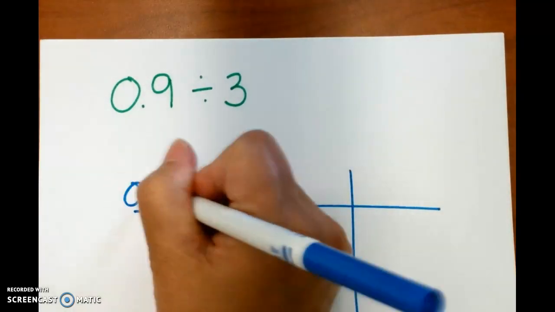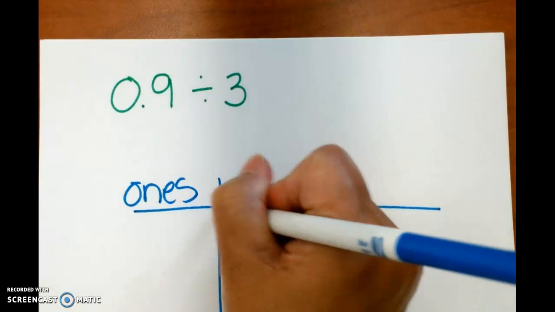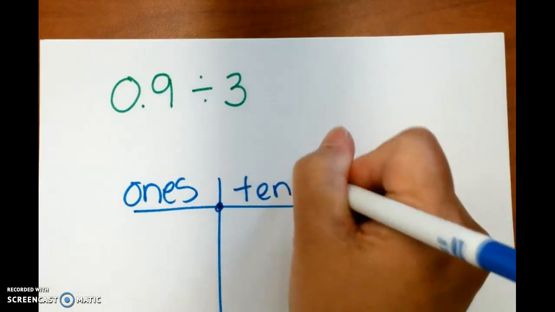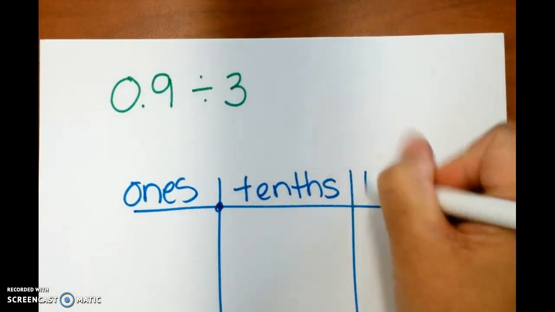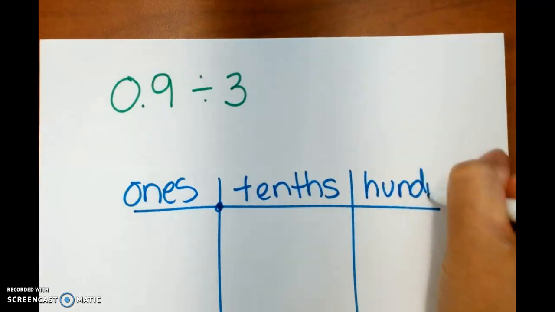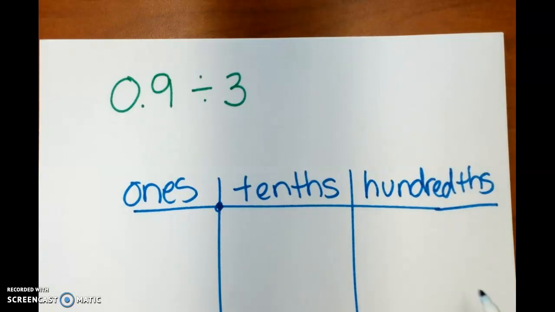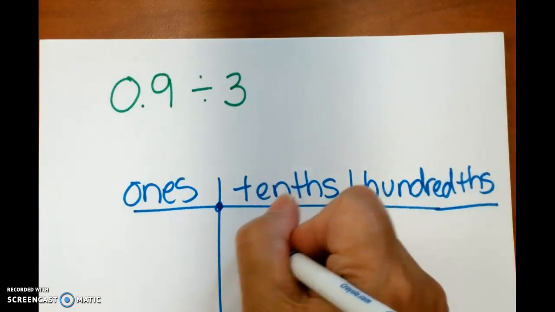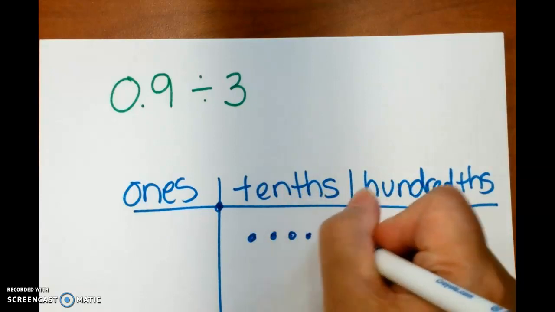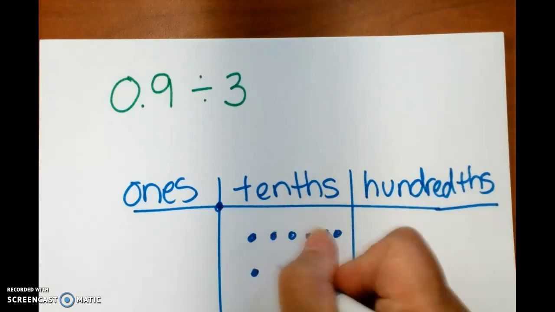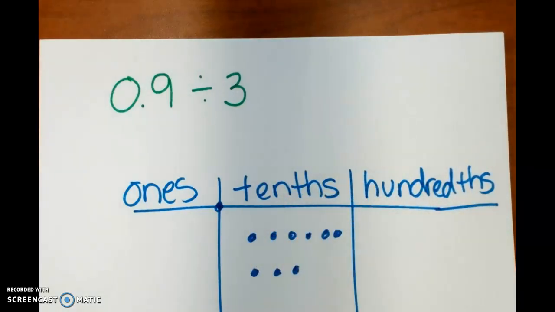Here's my ones, decimal, tenths, hundredths. So I have 9/10. So we're going to put them in the tenths place on our place value chart.